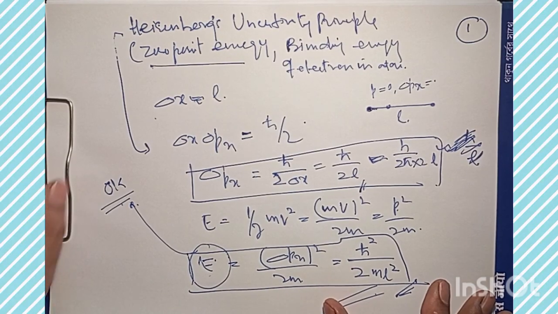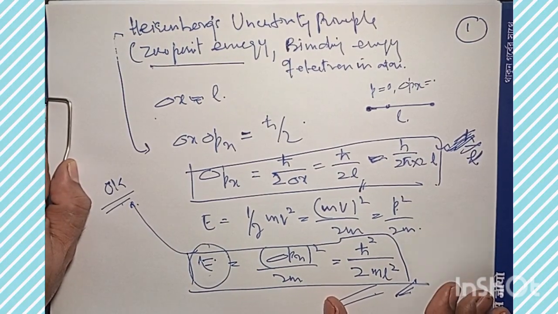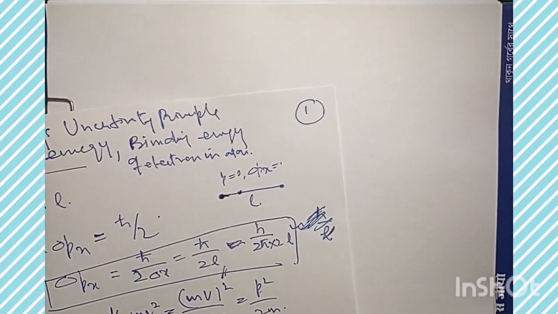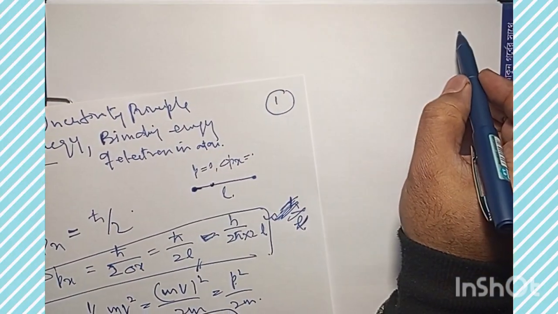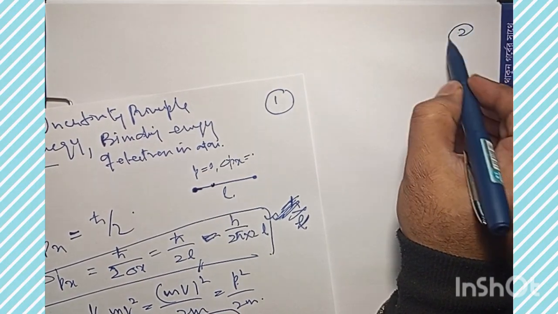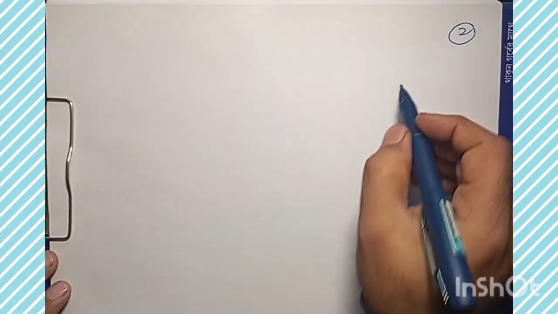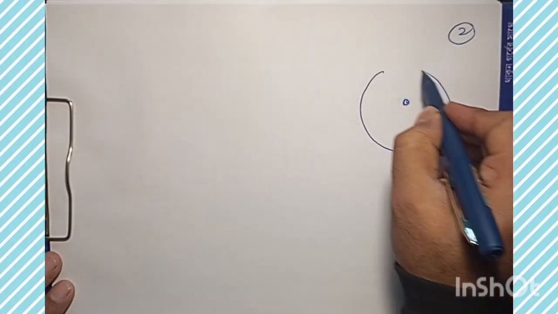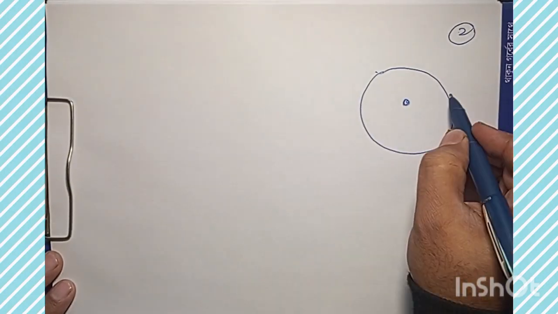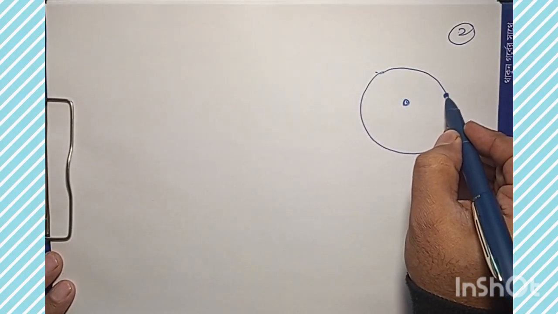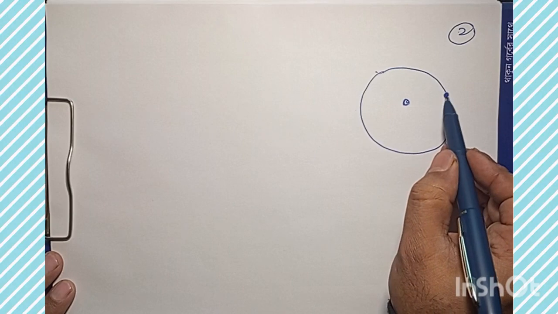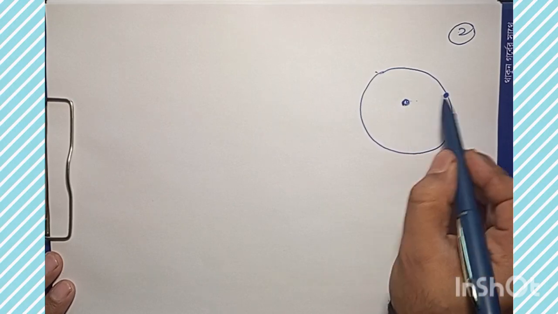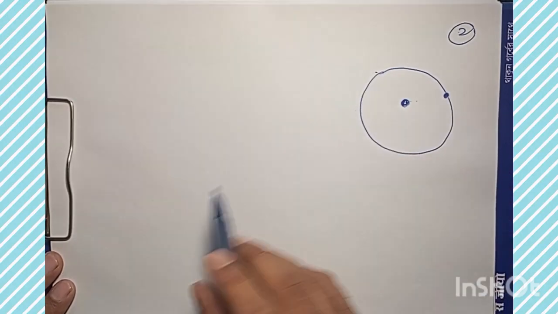Now, moving on to another application of Heisenberg's uncertainty principle, we would like to calculate the binding energy of an electron. We have a nucleus, and the electron is around this nucleus, right? So using the uncertainty principle, we would like to calculate the binding energy of this electron with respect to the nucleus.